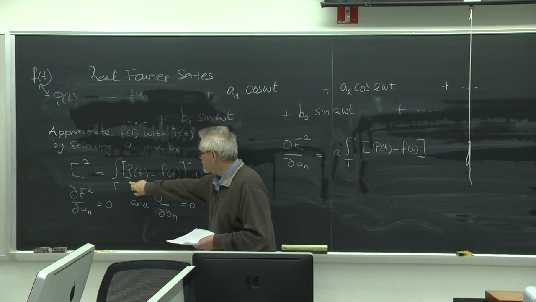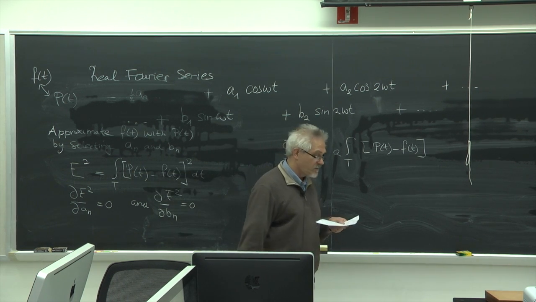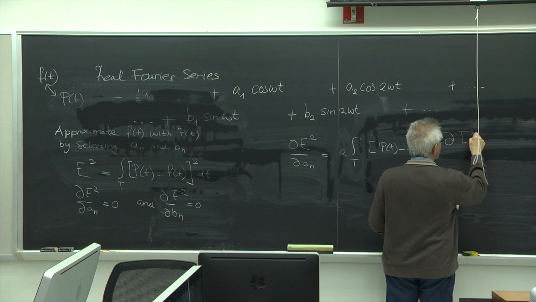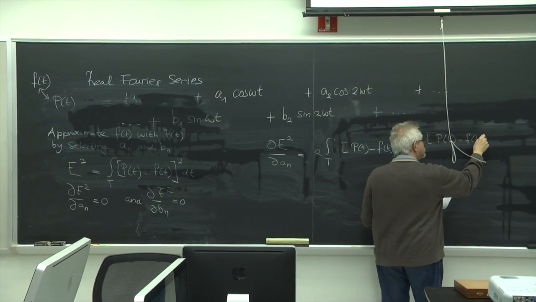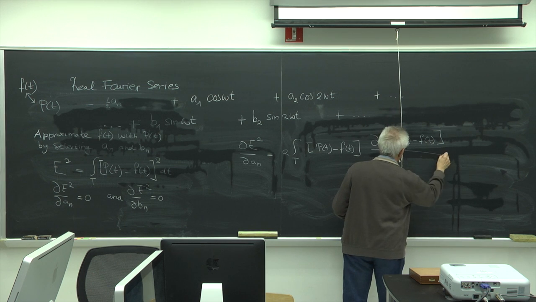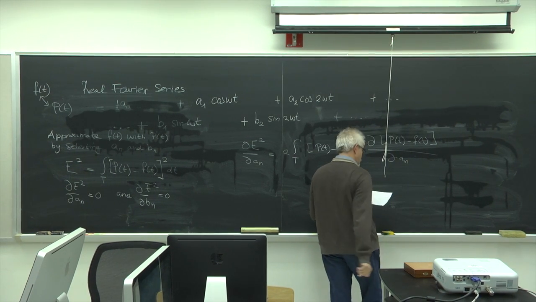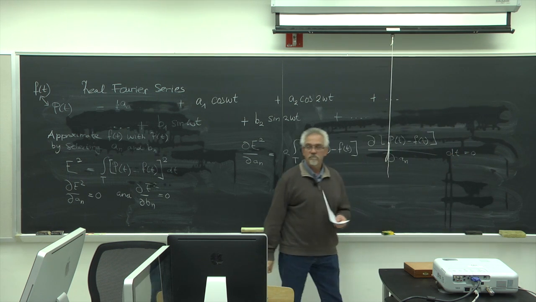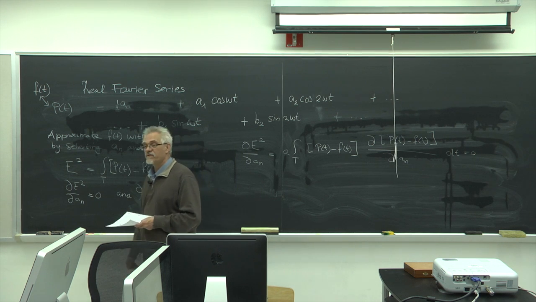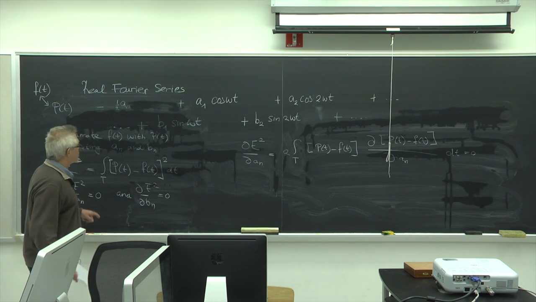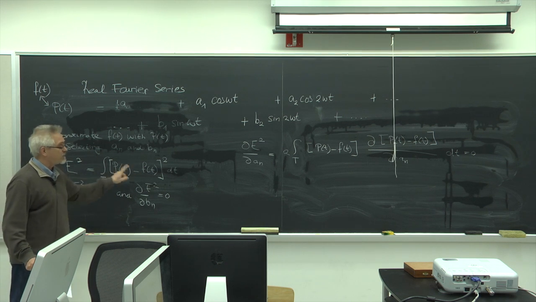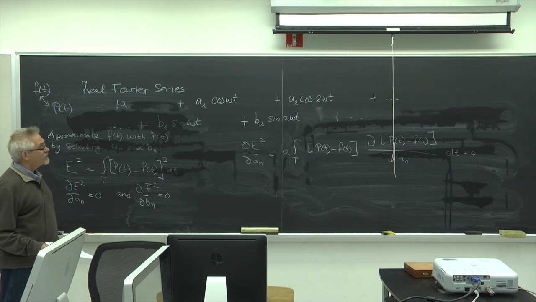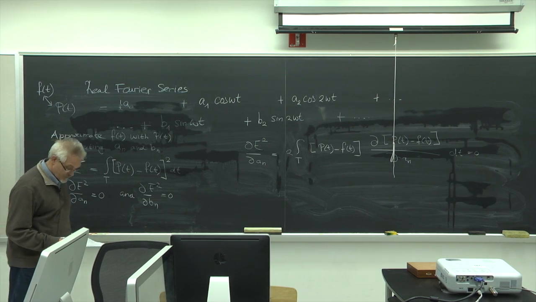So it is 2 times this expression, and then the partial derivative. This is what my condition is for coefficients a, isn't it? I took the derivative of this expression, 2 times this thing plus the derivative of this expression, applying the chain rule, and then that thing needs to be equal to 0.